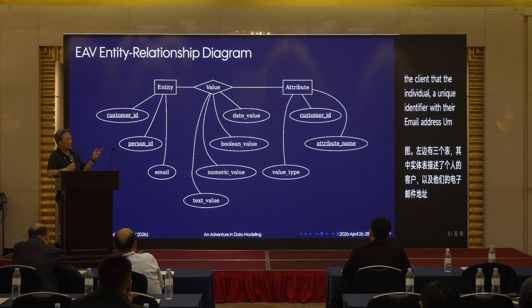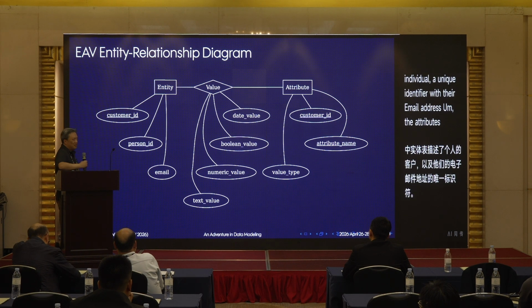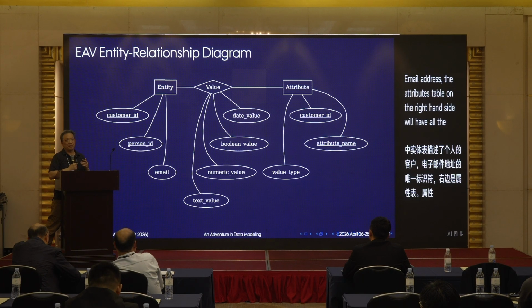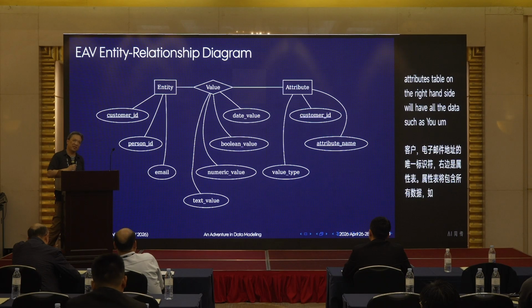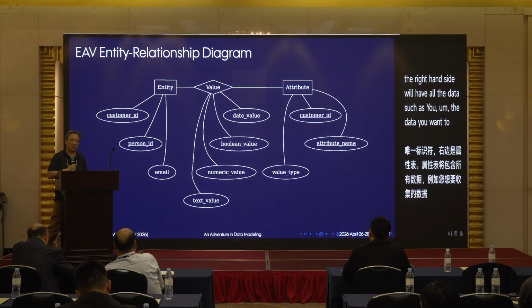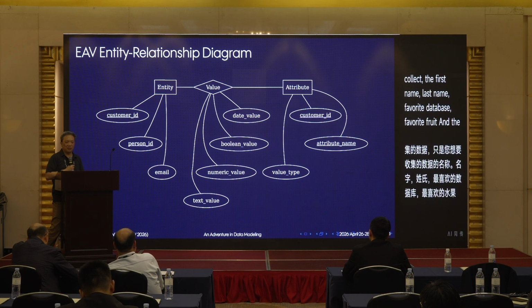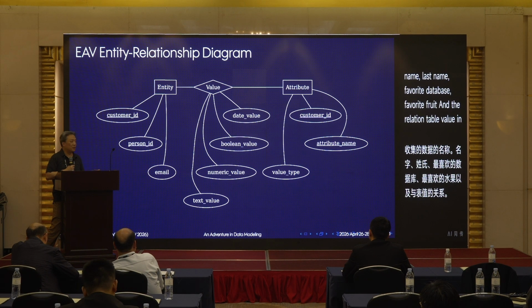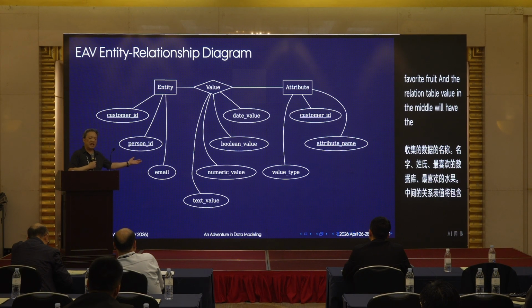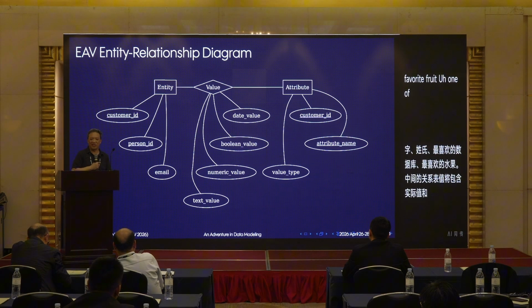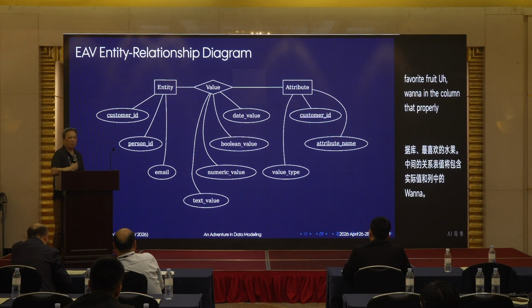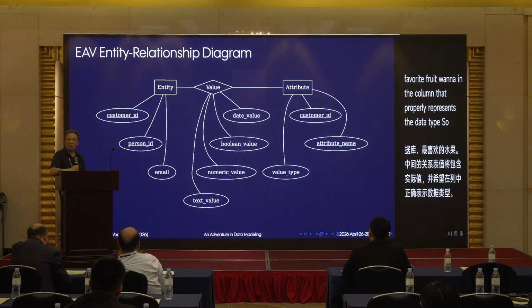The attributes table on the right-hand side will have the name of the data that you want to collect. So the first name, last name, favorite database, favorite fruit. And the value table in the middle will have the actual values, in the column that properly represents the data type. So Postgres, Durian, and whatnot would be in that column.